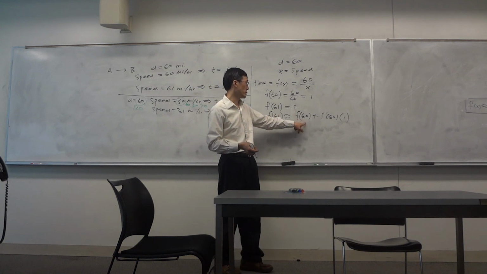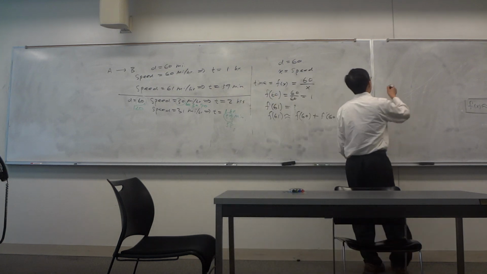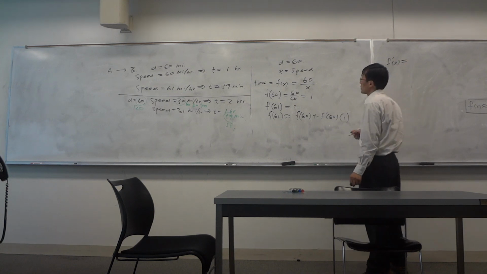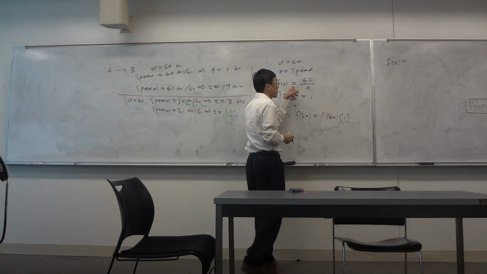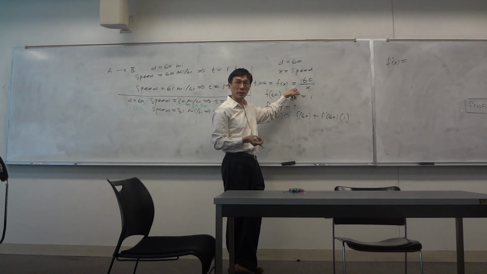We already know f(60) is 1. We just have to compute f'(60). So let's compute f'(x) first. What is f'(x)? Simple: minus 60 over x squared. Everybody see that? Either use the quotient rule or the power rule.